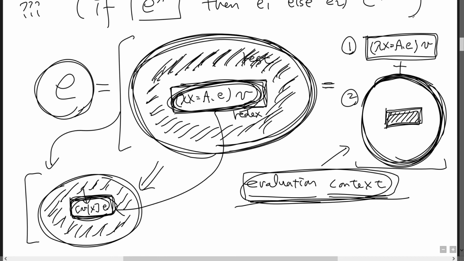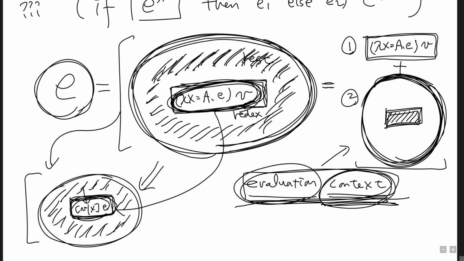It's literally a context in which the evaluation takes place. And the evaluation is basically reducing the red x. So that's the key idea behind the evaluation context. So the idea is, again, given an expression which is known to be reducible, we know that this expression is reducible.